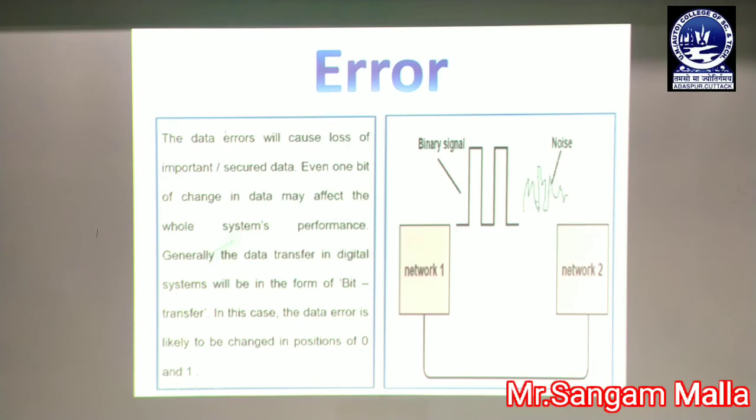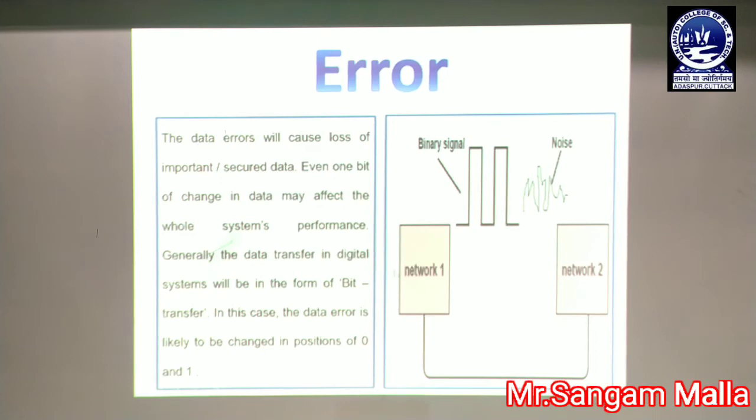Whenever this noise combines with the inputted data, obviously whatever data is received by the receiver, or network 2, will not be appropriate or in a good form, and it has some imperfections. In this way, the original signal is merged with some noise and sent, which is very crucial for network 2, the receiver, to get the original voice.